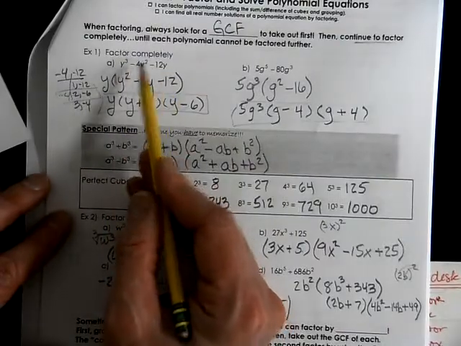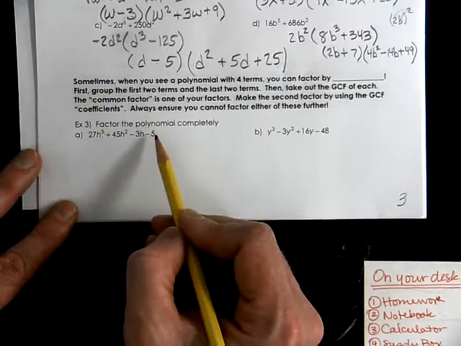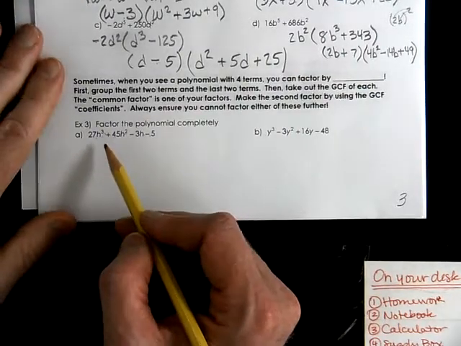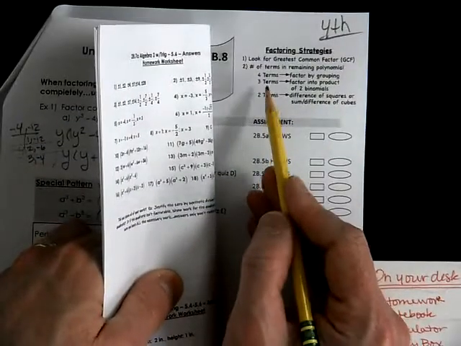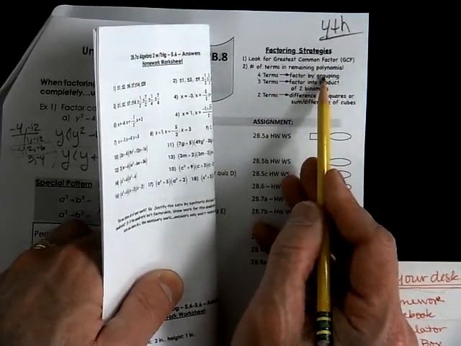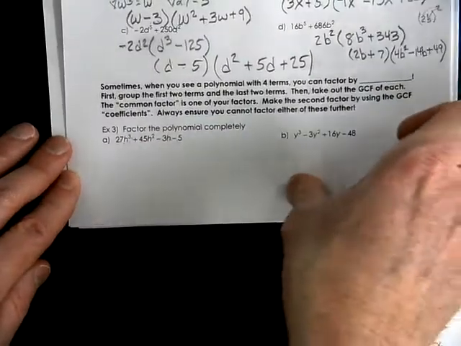Here, we don't have that variable in every term, so we can't just get rid of the cube that way. But this is 4 terms, and in our notes, we read earlier that if it is 4 terms, we could factor by grouping. It might be factorable. So let's see if we can make factor by grouping work here.